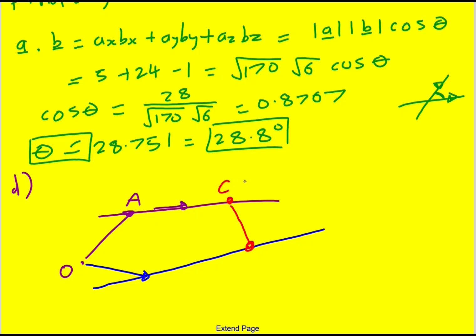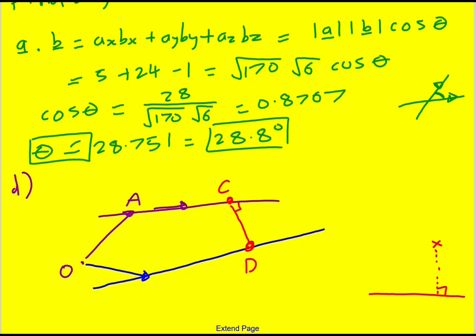So I'll label this one C and this one D, because I think I've used capital A and capital B. Now, if you have a straight line and you want to find the shortest distance to a point, what you do is you draw the perpendicular. So if I have any point along D and I want the shortest distance, I would draw a perpendicular from C.